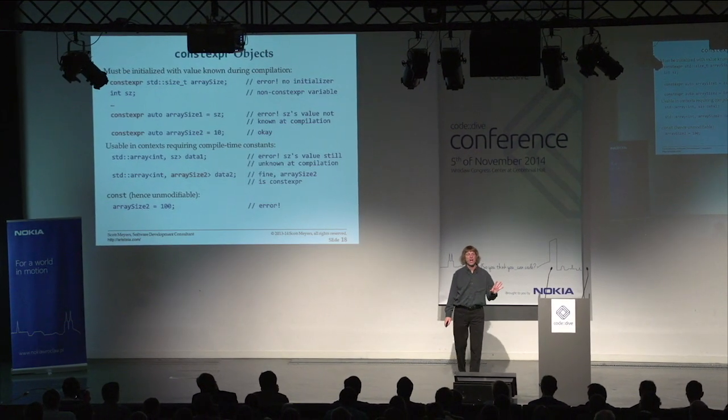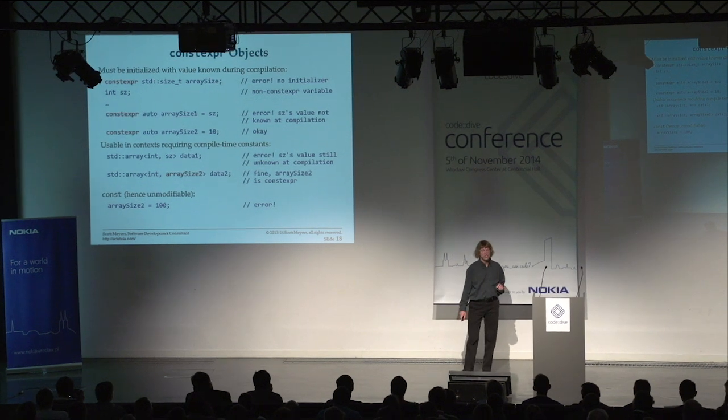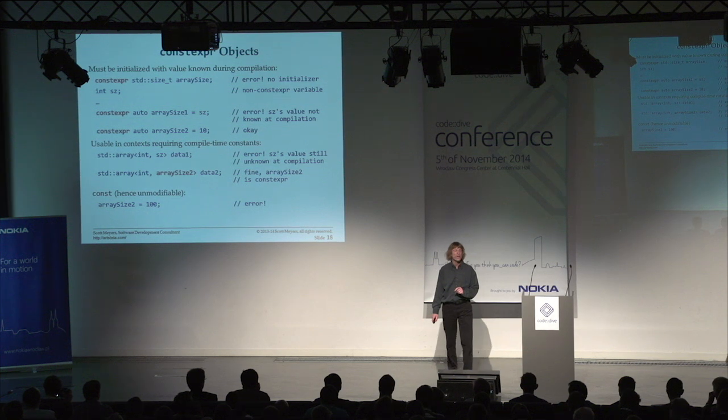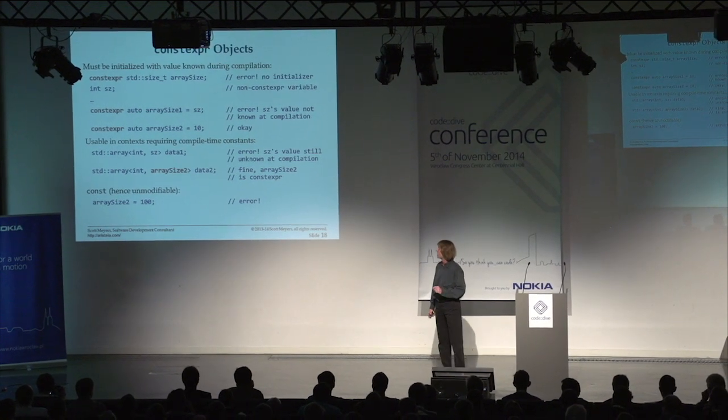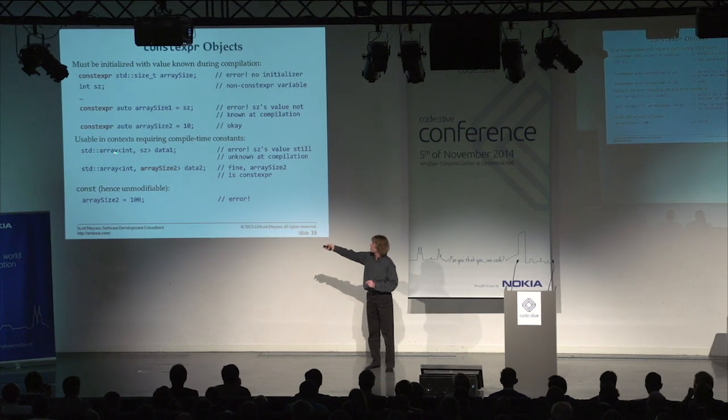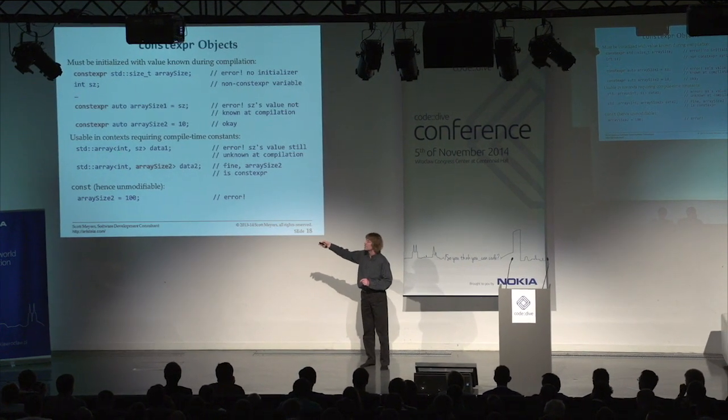The nice thing about constexpr objects is that they are usable in contexts that require a value that is known during compilation. One of those contexts, for example, would be std::array, a new type in C++11 that I already mentioned. The size of the array must be known during compilation.